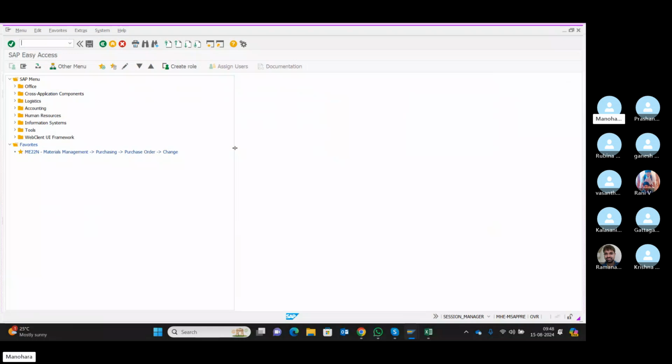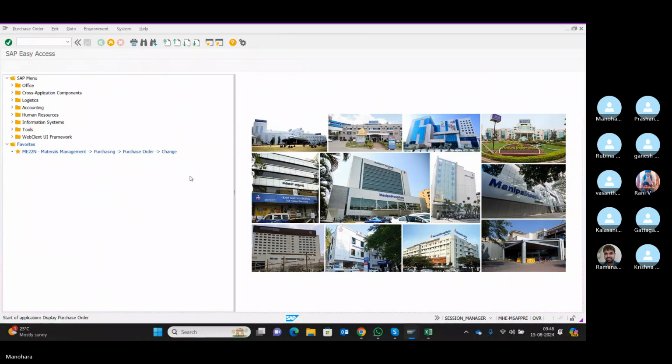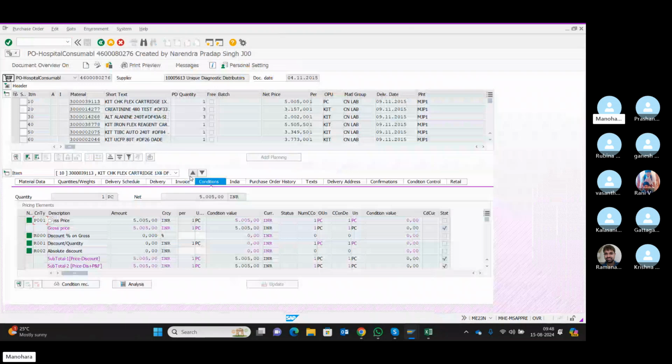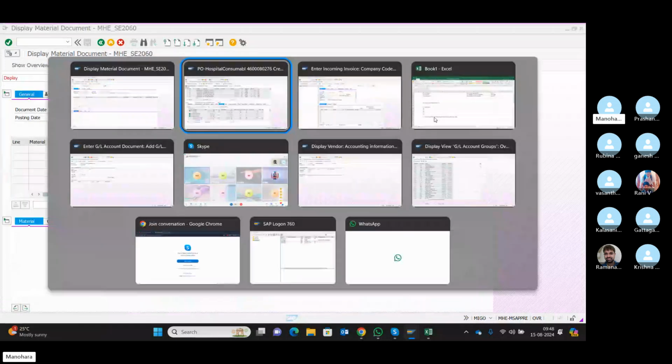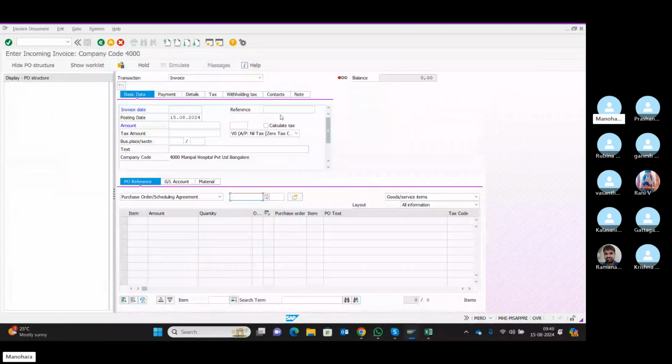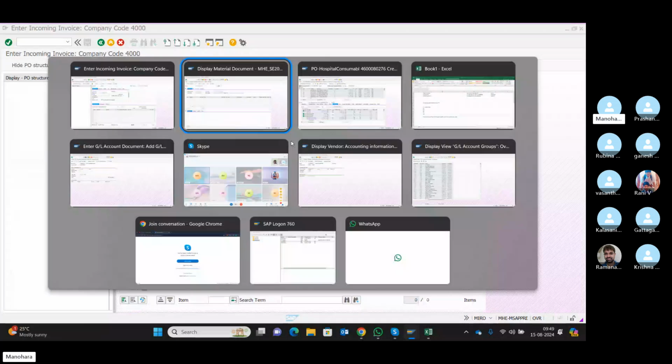Okay, and MD23, I will take it. So is there any profit center here? Anybody can find one? See, this is the purchase PO base data. In the PO base, is there any profit center?